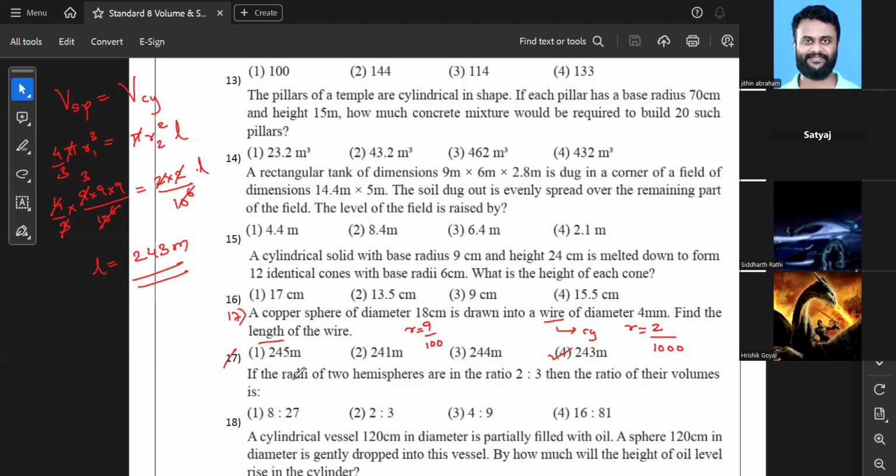Then I got 972 is equal to 16h upon 100. And then I divided 972 by 16, which I got 6075. I don't know how that happened. Because you said you considered the diameter as radius, right? Yes. So that was the reason you got the wrong answer. Okay, okay.